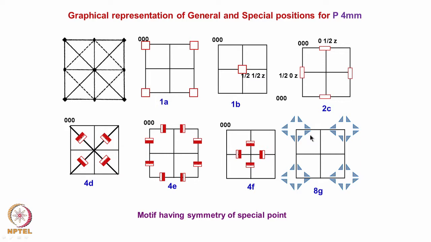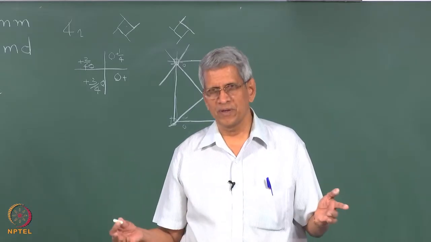If I choose an asymmetric point, even if I take an atom and put it, since the site in the unit cell has a one-fold symmetry, at 8 positions it has to be kept, because there is no symmetry element of the motif and the symmetry element of the crystal intersecting. So the common intersection, if you look at it, is only a one-fold between them.